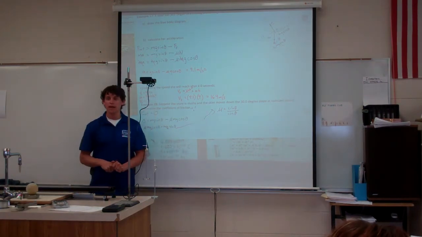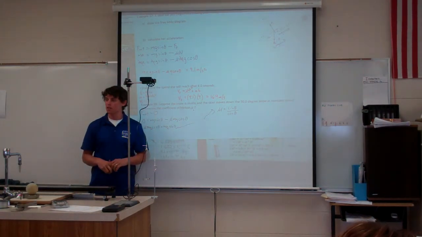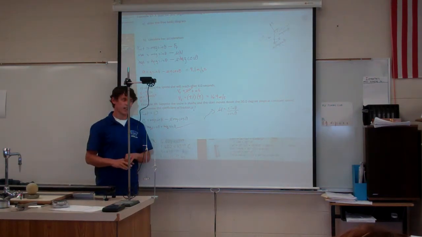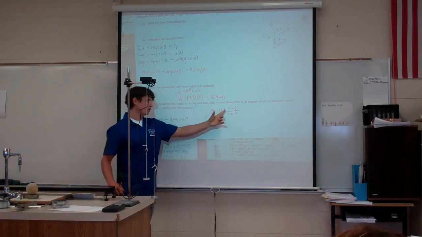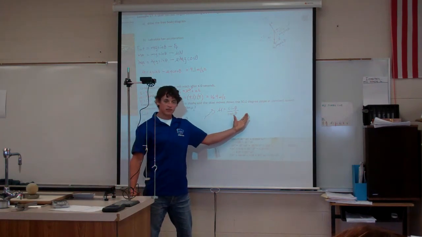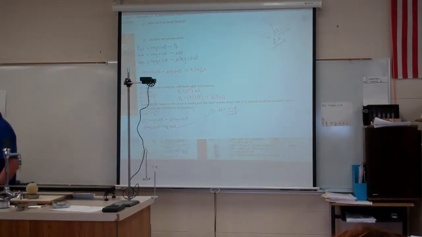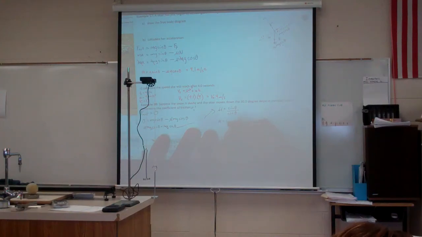Maybe somewhere in math your teacher taught you trigonometric identities, and you were taught to notice that sine over cosine is simply what? Tangent. Good. So mu is equal to tangent theta.